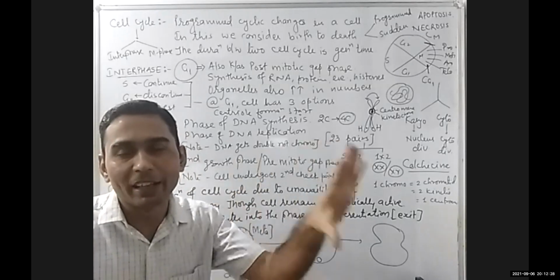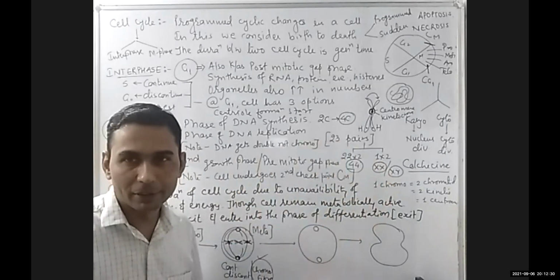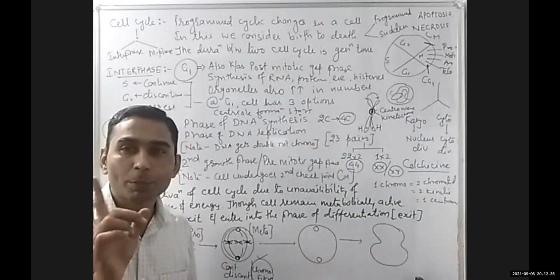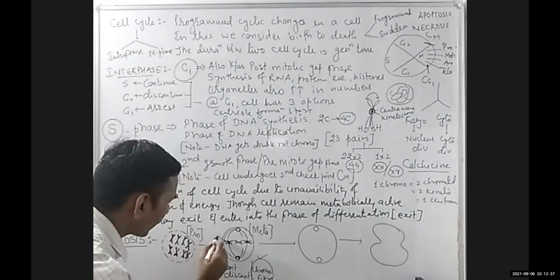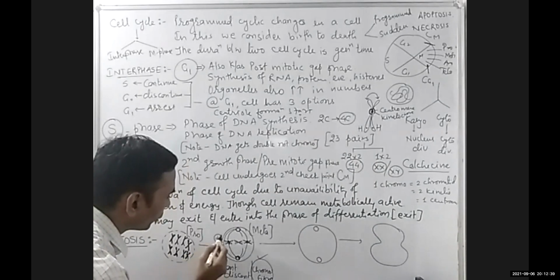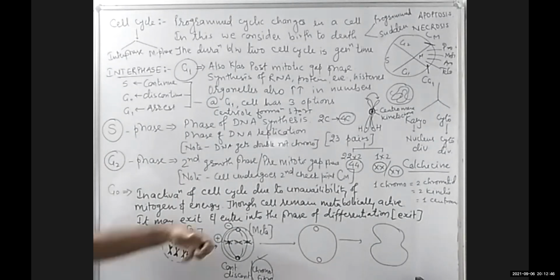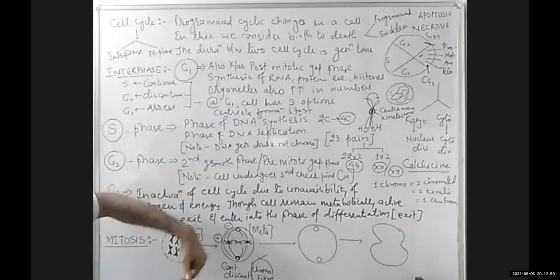Since it is expanding, it is positive. So it is asked what is the polarity towards the equator? It is positive, and towards the pole it is negative. Because on one side there is a pushing force and on the other side a pulling force. So pulling is negative pressure.